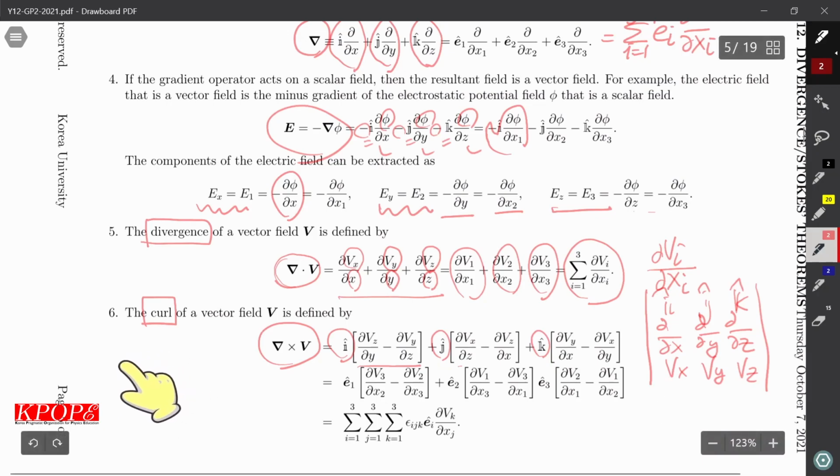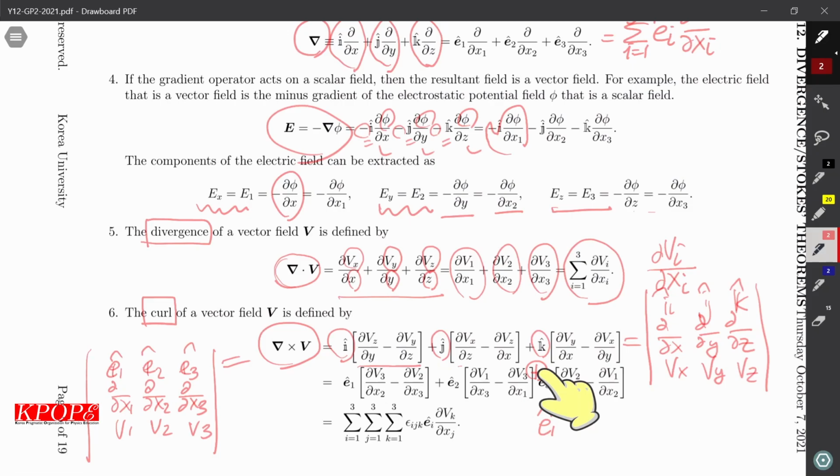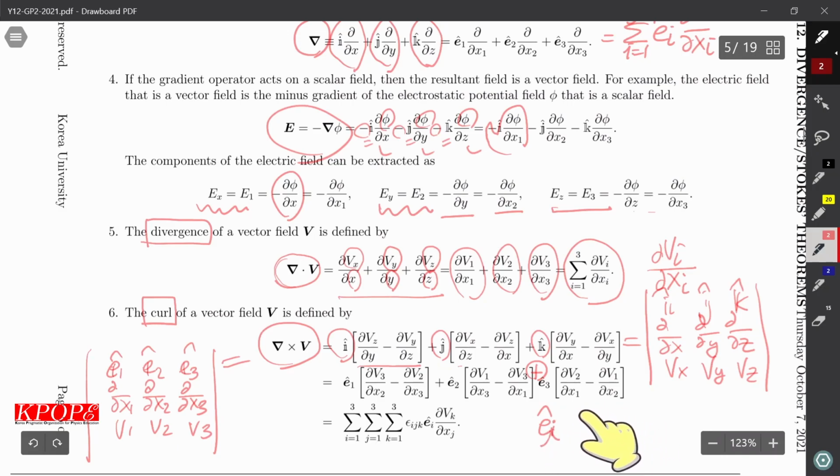If we use 1, 2, 3 notation, e1, e2, e3 hat, the derivatives round x1, round x2, round x3, and V1, V2, V3 in a determinant, we can express this as a linear combination: sum of e_i, where the i component is the Levi-Civita tensor epsilon ijk, times the derivative with respect to xj, times the k component of the vector, summed over i, j, and k.